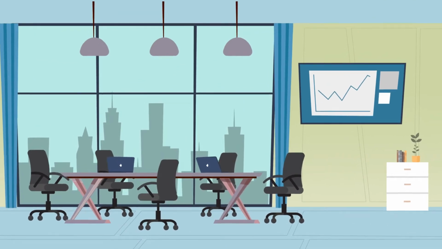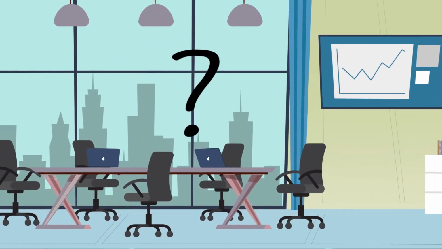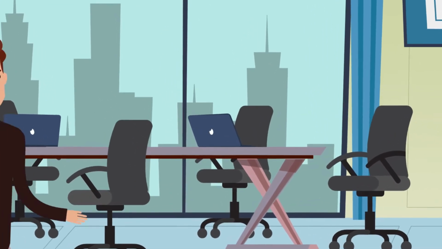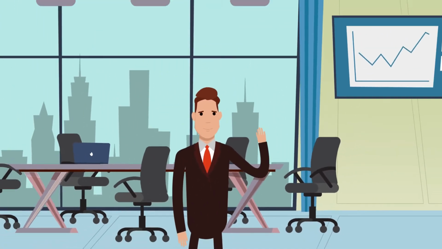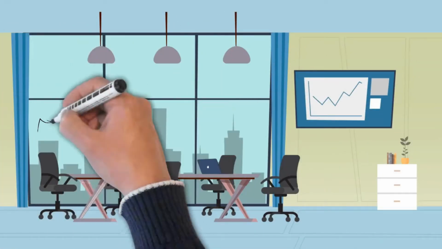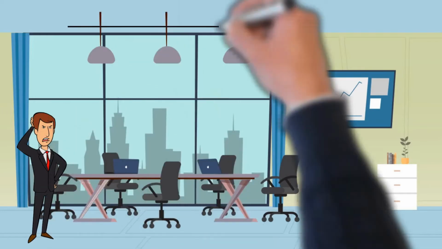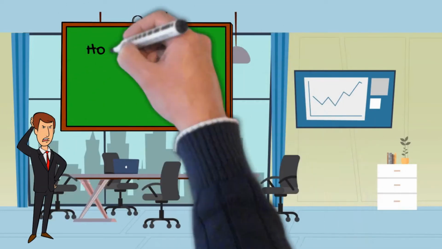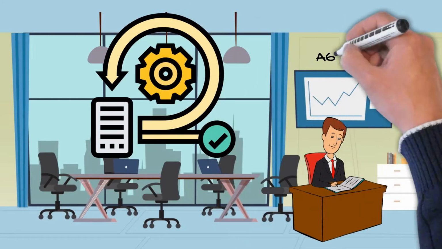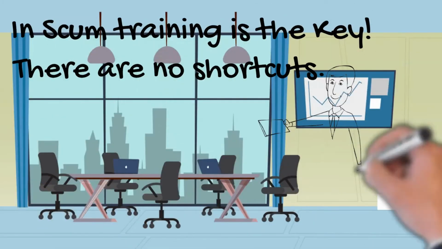You may ask, well, how do you know how many user stories you can do in a month? Well, to answer that, let's go back to an old friend. John is back, but we don't have a project manager anymore. How are we going to organize the teams? John is now the team's Scrum Master, and he's fully trained up in his role.